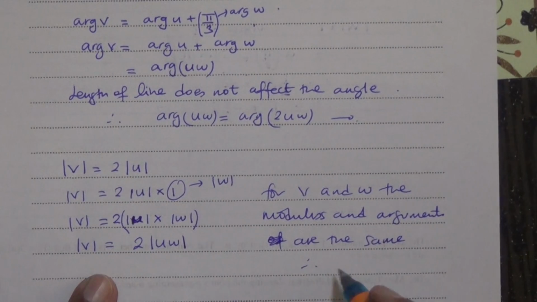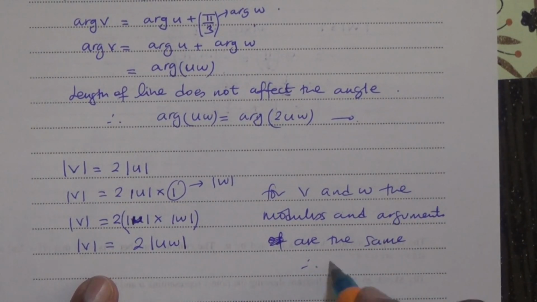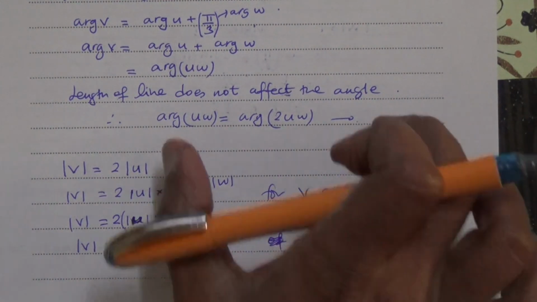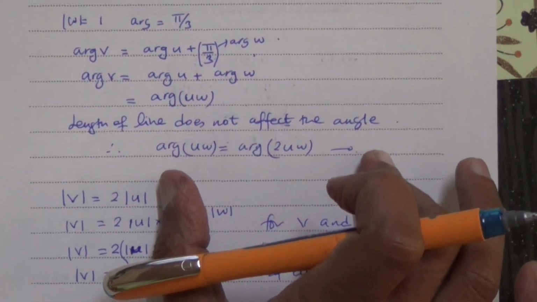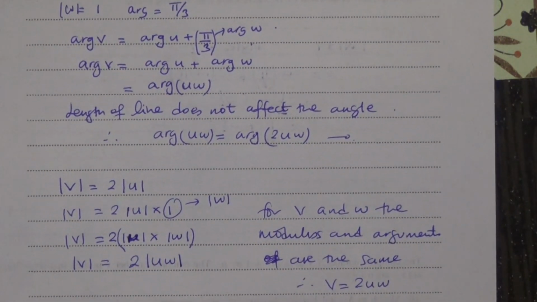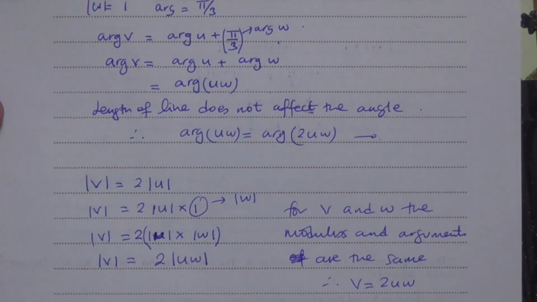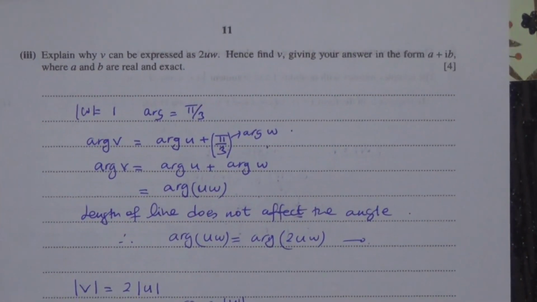Therefore we can say that V is equal to 2UW. That's what we've been asked to show. We show that the argument is the same, and we also show that the length is the same. And now, moving on to the last part of the question.